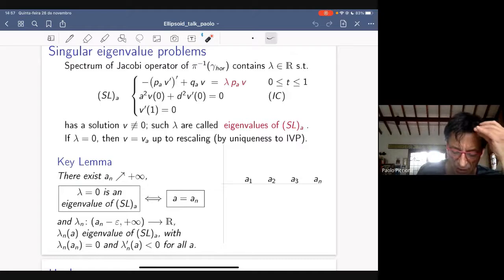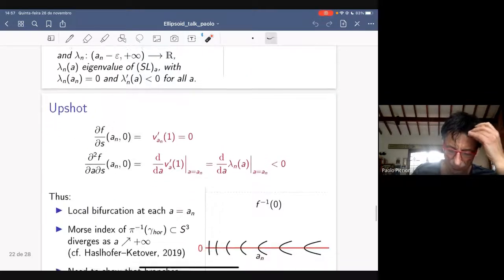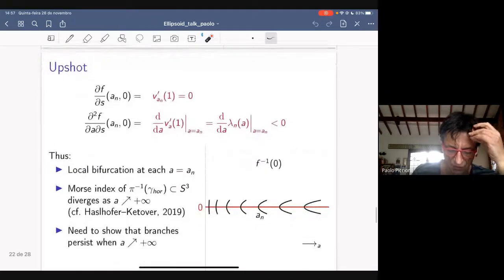And we determine infinitely many bifurcation points. So that's the first problem, and this is what I've just explained. So this is the degeneracy condition, and this is the transversality condition given in the theorem.